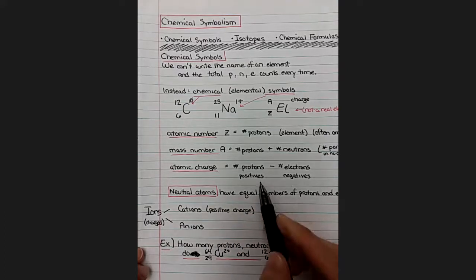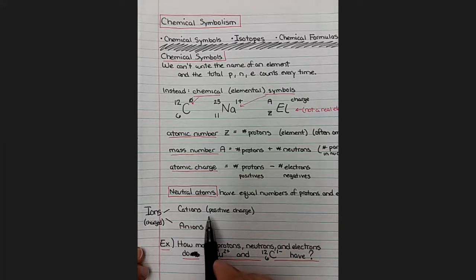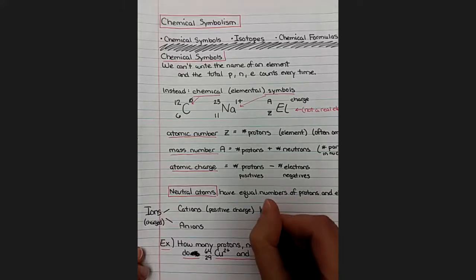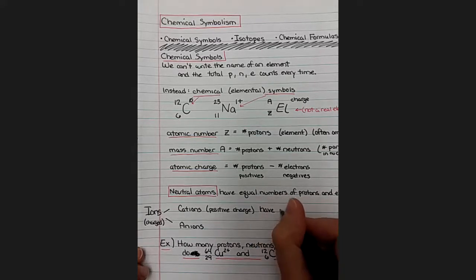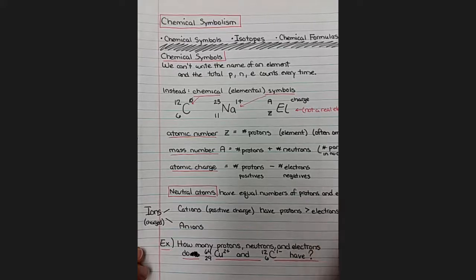Okay, so cations, those are positive. And if we have positively charged things and we have negatively charged things, then it makes sense to say that the only way to have a cation is if there are more positives than negatives. So cations have a greater number of protons than electrons. And the opposite is true for an anion.